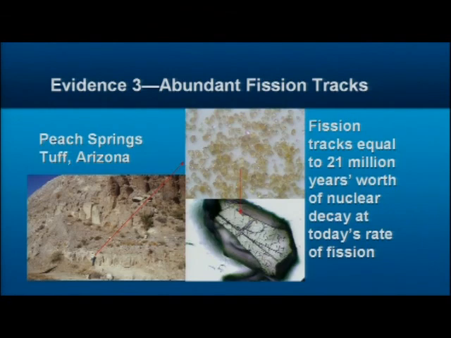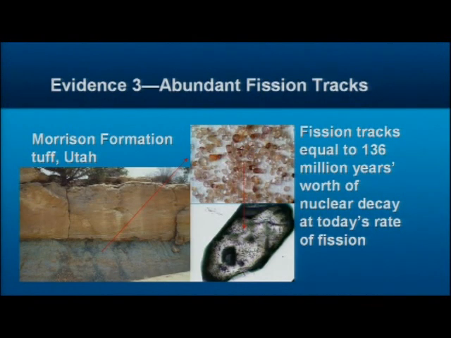Well, we again look at 3 examples. In the Peach Springs volcanic rock unit near Kingman, Arizona, we find fission tracks equivalent to 21 million years worth of nuclear decay at today's rate of fission. This is at the top of the flood sequence. We go down a little further, to the Morrison Formation, which is famous for its dinosaurs in Utah.